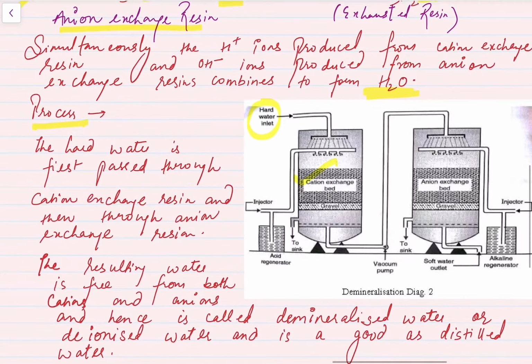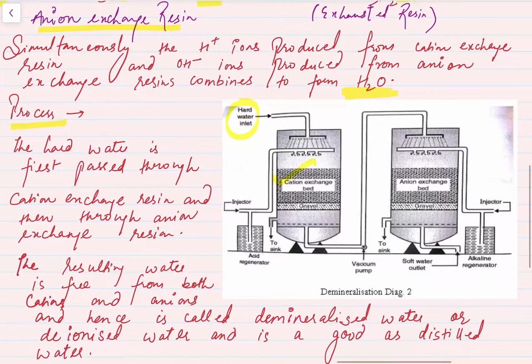Now this water still contains the anions, like Cl negative and SO4 2 negative, and it is free from calcium and magnesium ions. It contains only cations, only H plus ions. So now when this water is passed through the anion exchange bed, these ions are also replaced with the OH negative ions, right?